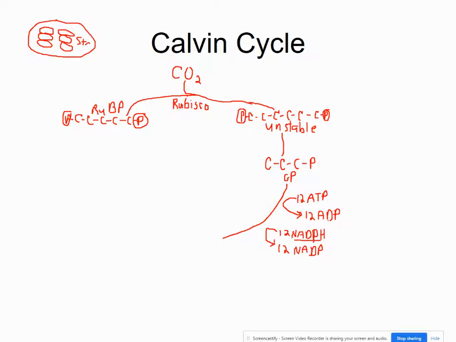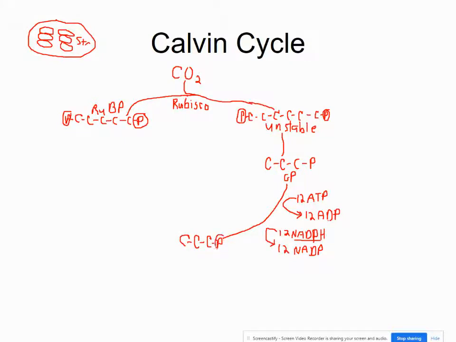Little review for you guys on this. If the NADPH is losing a hydrogen, this molecule is being oxidized and it's actually reducing this GP molecule. And what we get after investing the ATP and the NADPH into this is a molecule called triose phosphate. This is also just going to be a 3-carbon molecule, and it also just has 1 phosphate on the 3rd carbon.